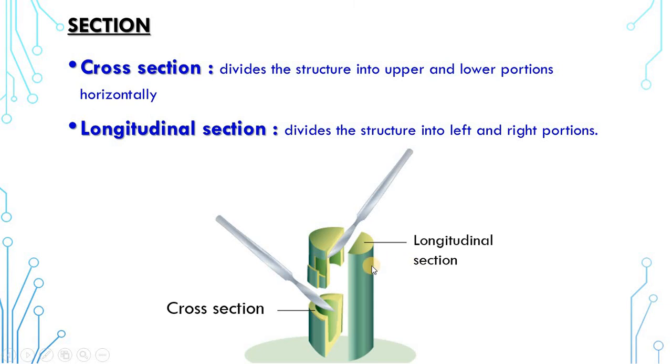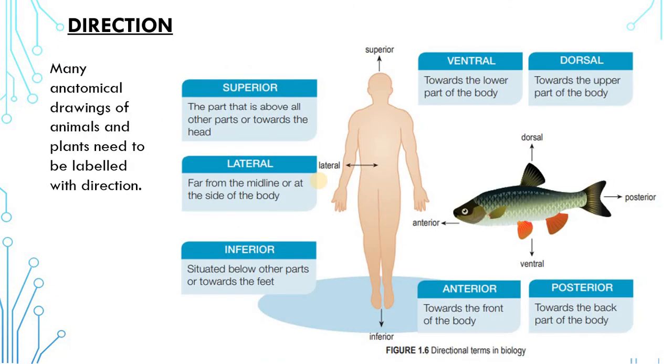So this is referred to the cross section. Longitudinal section divides the structure into left and right portion. So this is longitudinal section. Section has two types, cross section and longitudinal section.